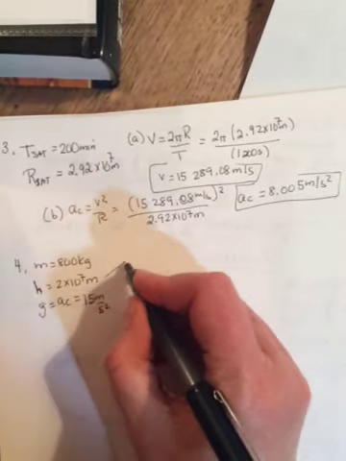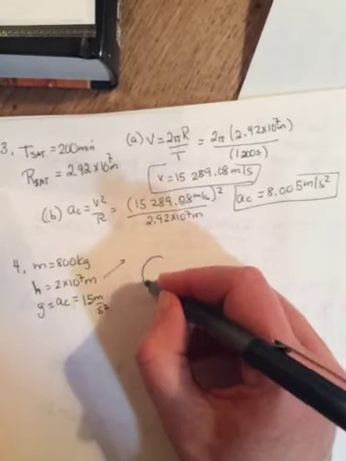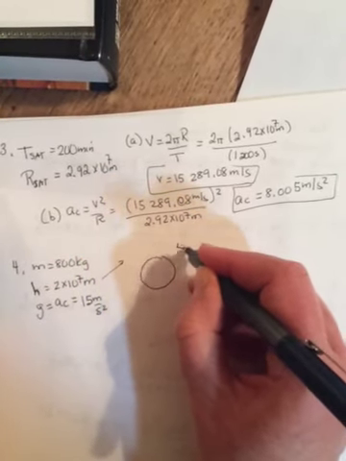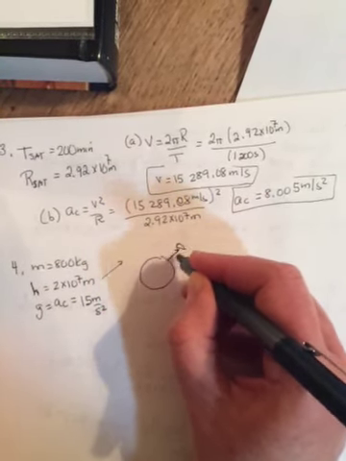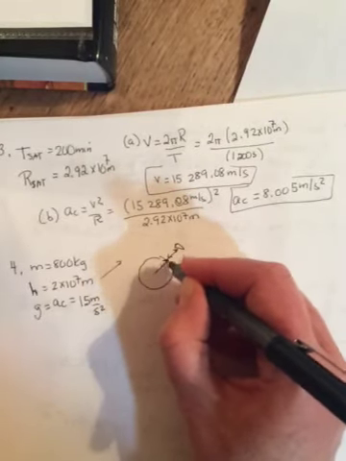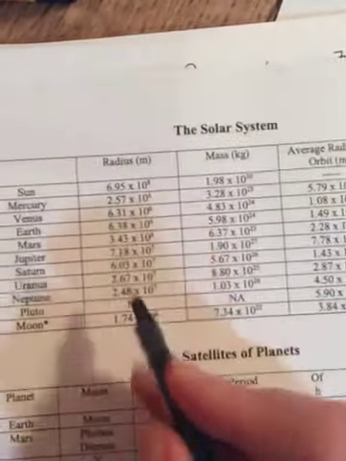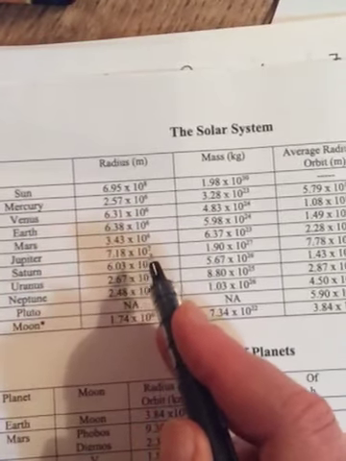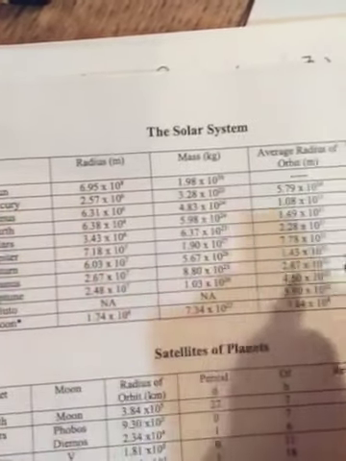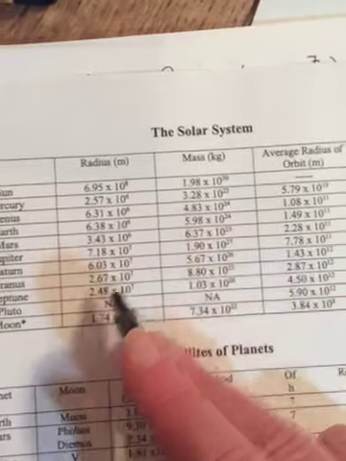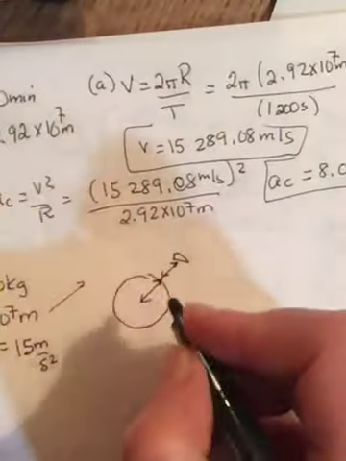So first we need to find the radius. Remember, right now we have the height, we have this piece, and we need this piece. So it's Jupiter. If you go to your chart, you can find the radius of Jupiter is 7.18 times 10 to the 7th meters. You want the radius of Jupiter, not Jupiter's orbit, because this object is above the surface of Jupiter.